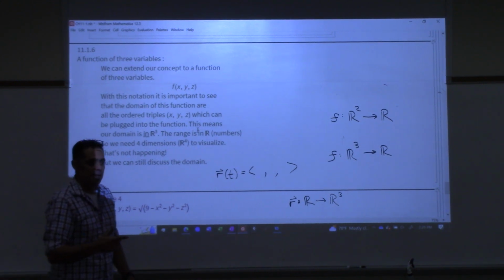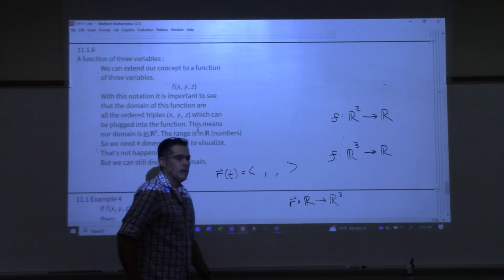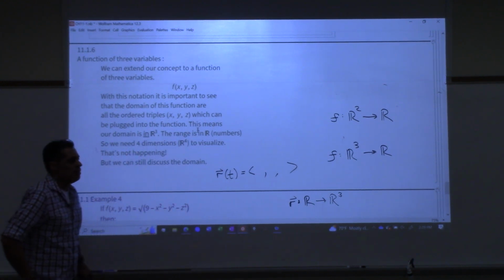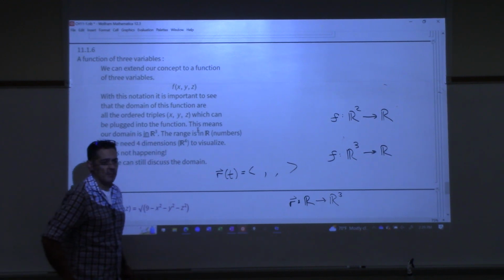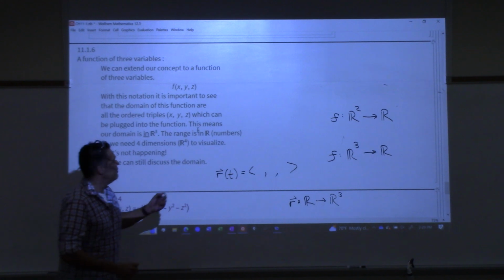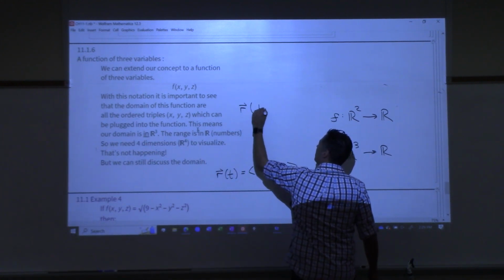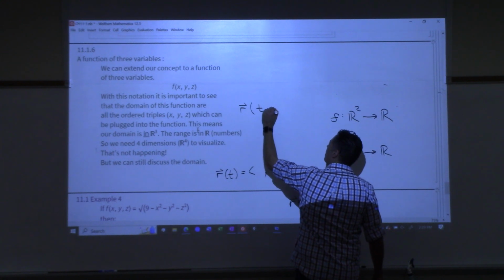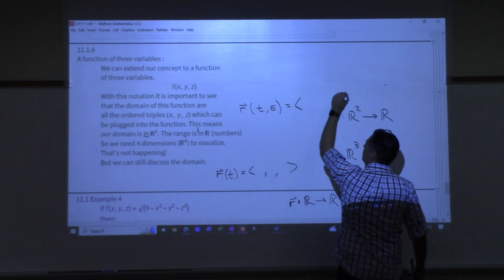Yes? You won't have to work with vector functions with multiple variables, right? What do you mean? Vector functions with multiple variables, like what we're doing right now? Like we're just doing functions. Well, yes, no. We are going to do vector functions of multiple variables. So we are going to do vector functions that take in t and s, and then spit back some three-dimensional vector.